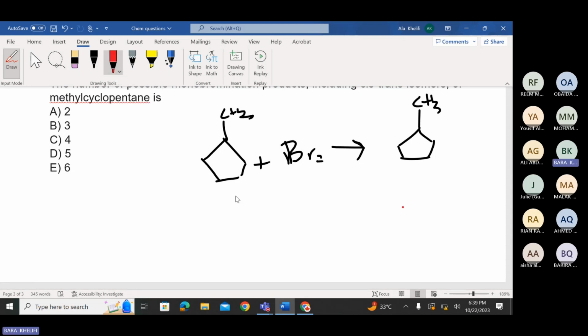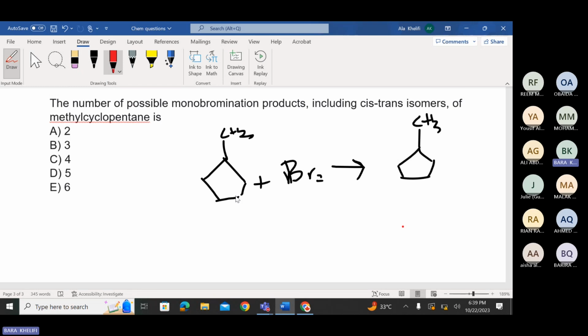So try to do it yourself and tell me how much you come up with. So attach it in every place possible. And you have to include the cis and trans. Don't forget. Usually they'll mention. Yes, 6.